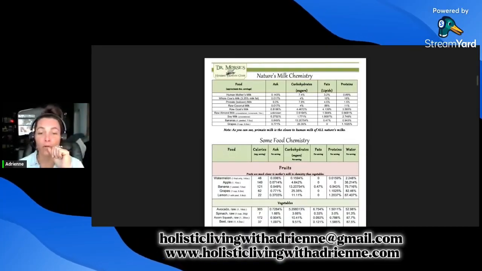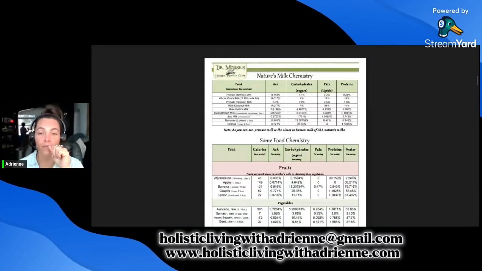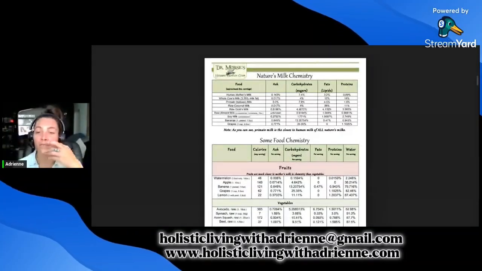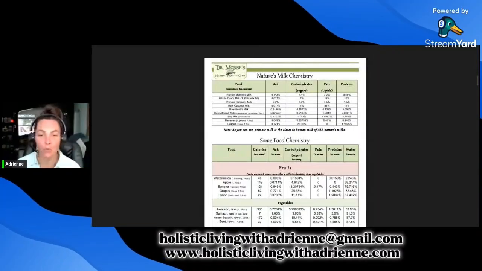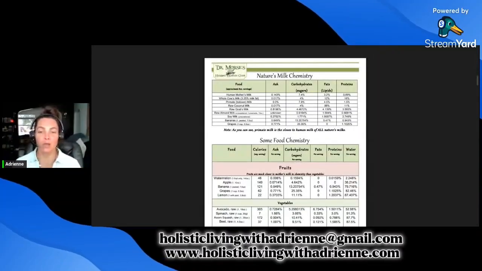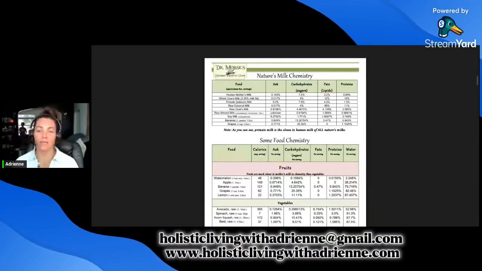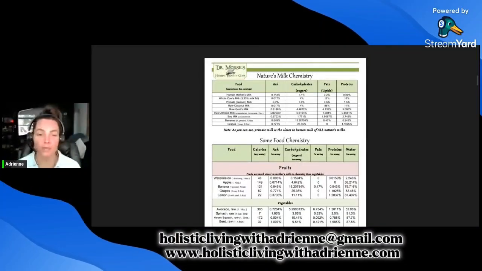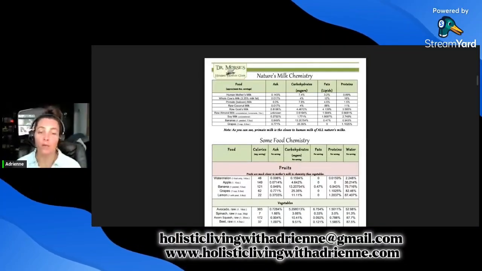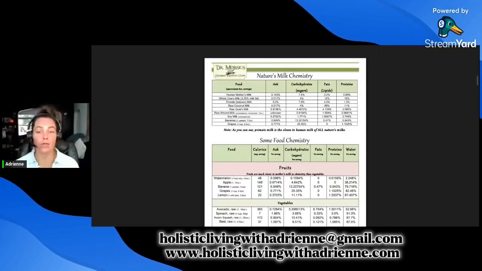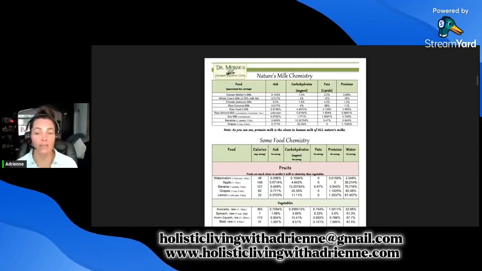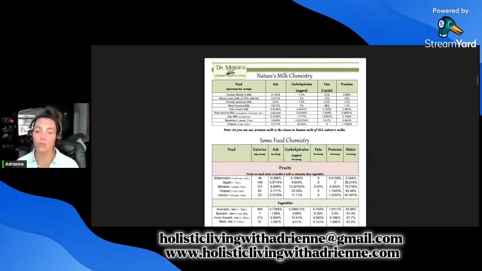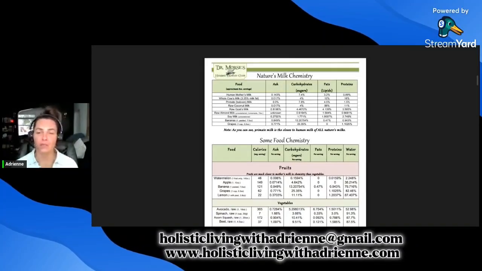Let's see, we have raw goat's milk, pretty much very different from all of them, but as you can see, 4.4% carbs, 4.1% fat, 3.5% protein. If you look at raw almond milk, the carbs are very low. The fats are 1.5%, and proteins are also pretty low.